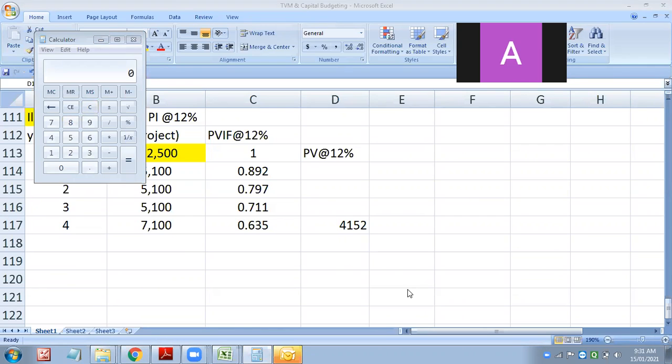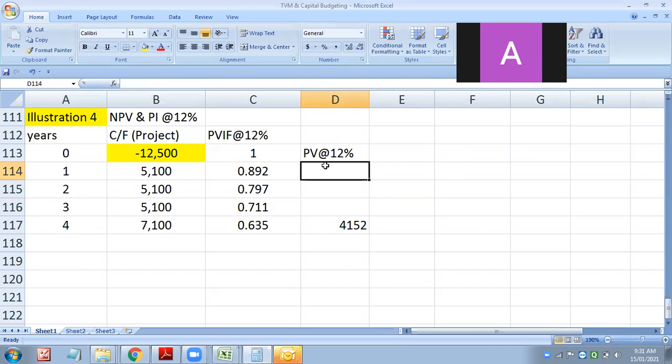So whosoever has done, kindly help me out. Srihari, tell me, 5,000 into this, how much are you getting? Sir, 4549.2.